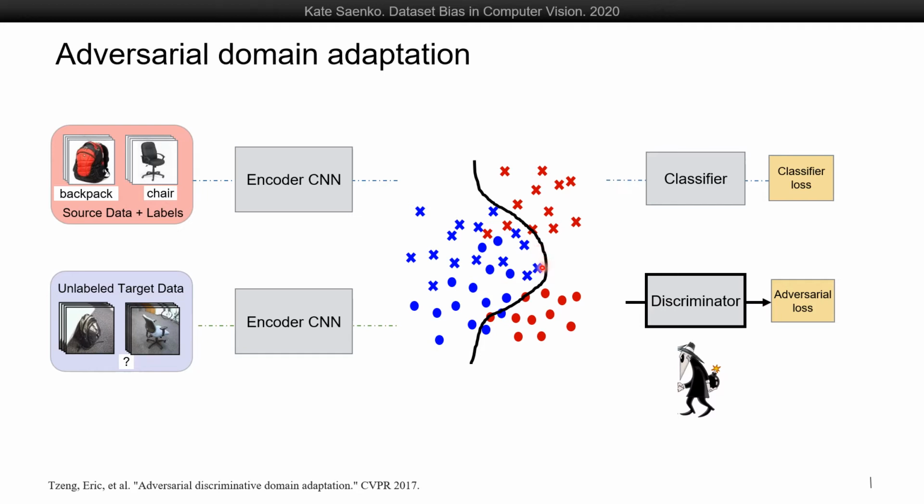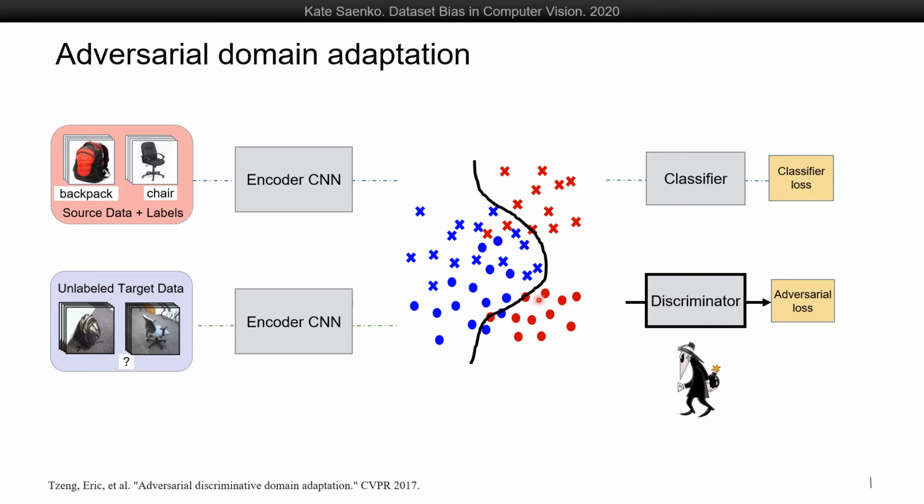Did this feature come from the source domain or the target domain? Did it come from red or blue domain? Okay, so we're going to train this discriminator. After we've already trained the encoder on the source data, we're going to now train the discriminator with a fixed encoder.